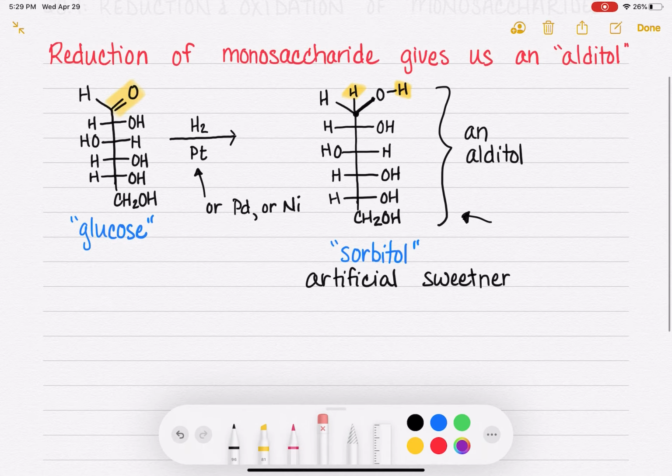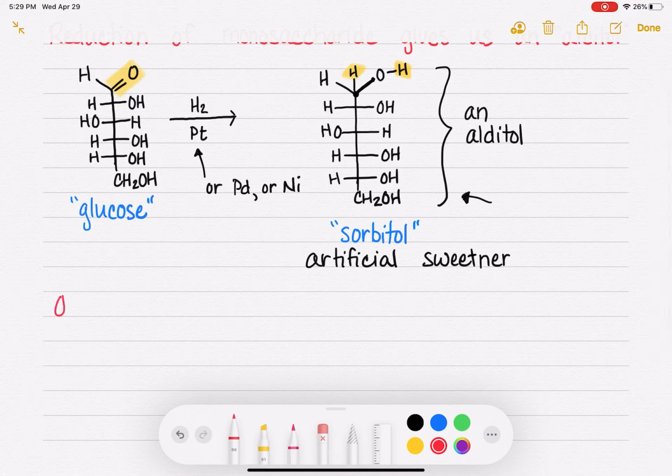Now, the other type of reaction that we can do on a monosaccharide is oxidation. If we do oxidation of a monosaccharide, this gives us a type of molecule called an aldonic acid.